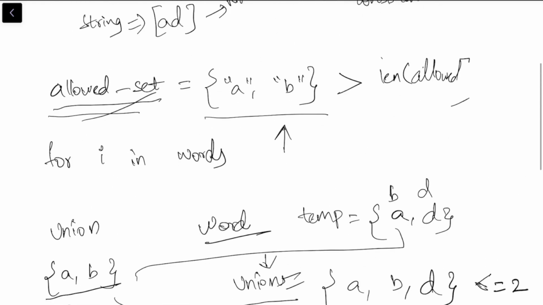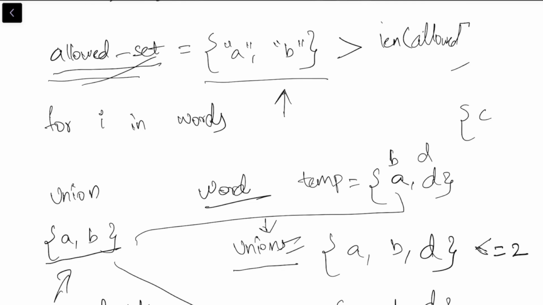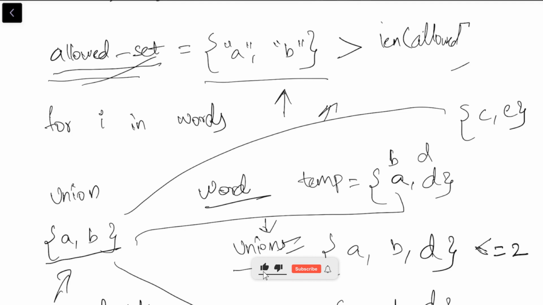If suppose you have a temp set as C and E, the union of these two will definitely have a length greater than 2. So we say that this particular string is not a consistent string. In that way, we will find which strings are consistent and which are inconsistent. Here they are asking us to count the number of consistent strings, so we'll just put a count variable, update it, and then return it.